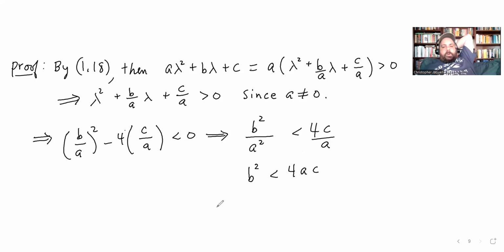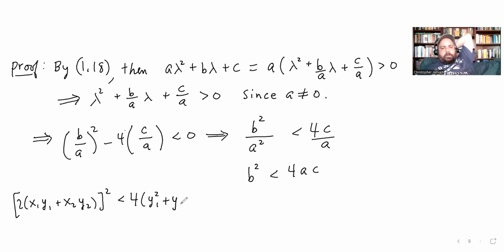Okay, and b squared was right over here, that was 2 times x1 y1 plus x2 y2, squared, less than 4. A was y1 squared plus y2 squared.